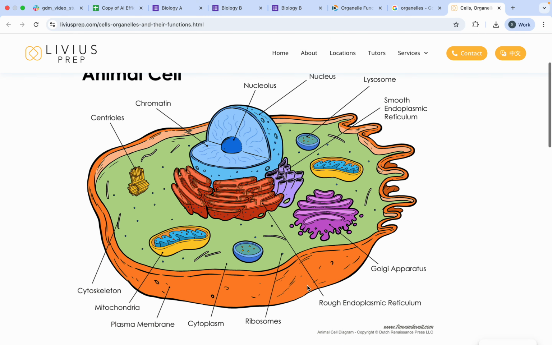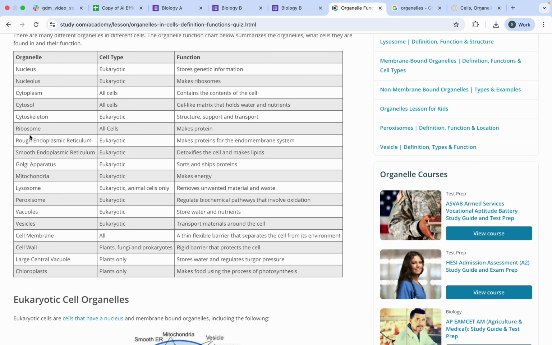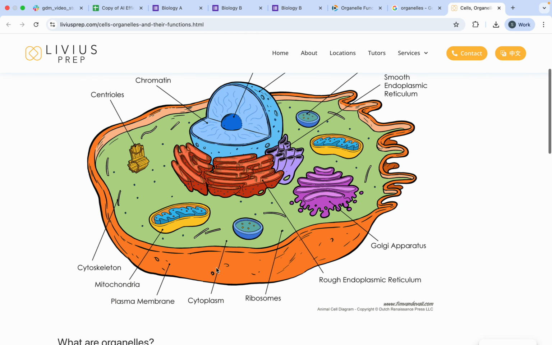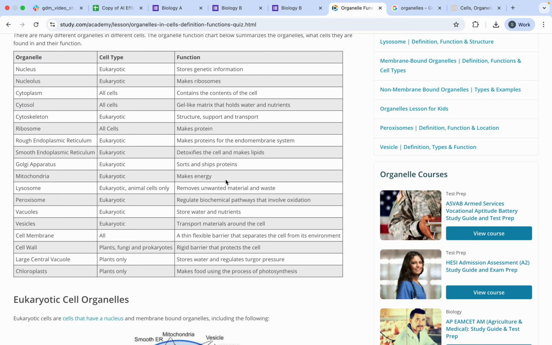The function of ribosome is to make protein. Okay, and next is rough endoplasmic reticulum, which makes protein for the endomembrane system. Okay, smooth endoplasmic reticulum, yeah, here we can see smooth and rough endoplasmic reticulum. So smooth endoplasmic reticulum is to detoxify the cell and makes lipid.